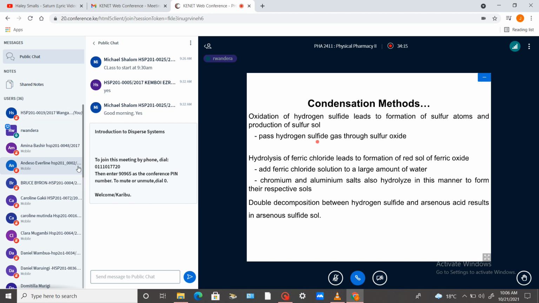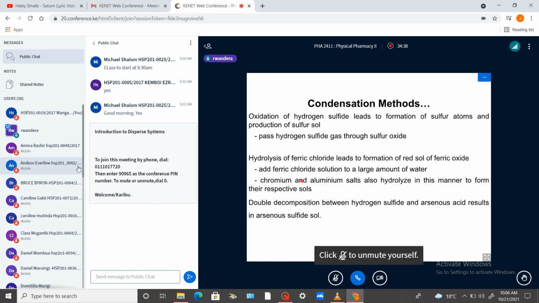You can also have hydrolysis of ferric chloride to form ferric oxide sol. This happens when you simply add ferric chloride solution to a large amount of water to undergo hydrolysis to form a red sol of ferric oxide.